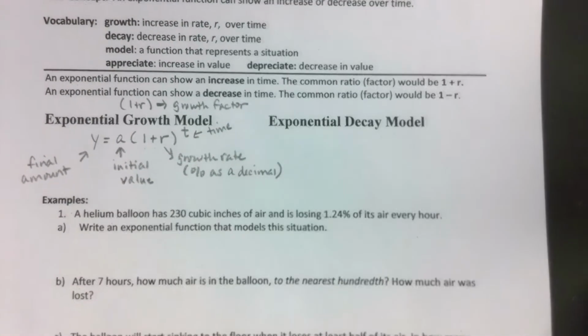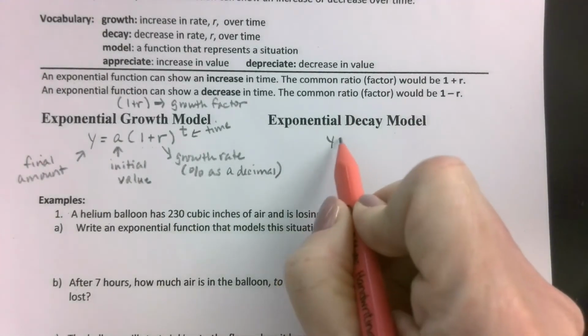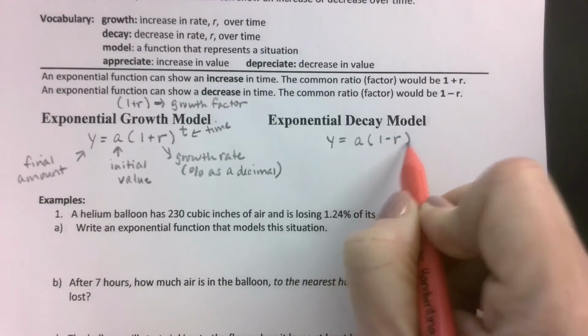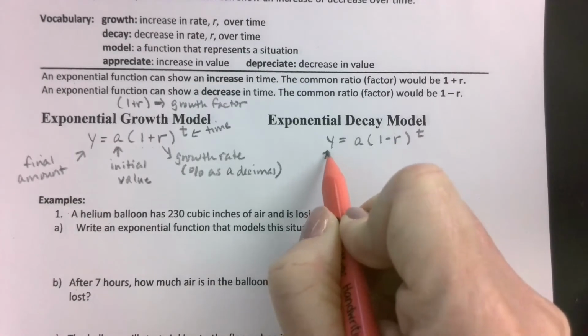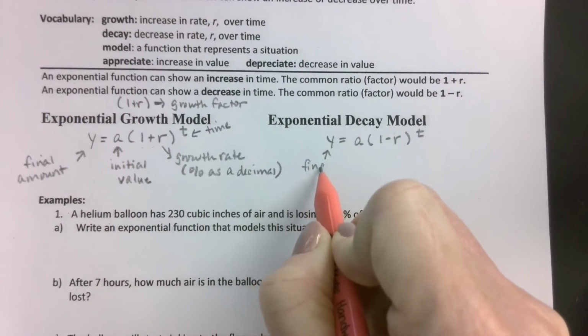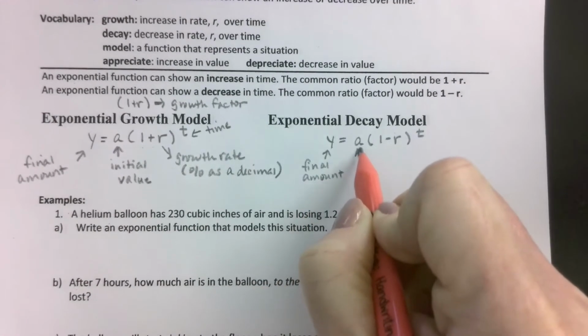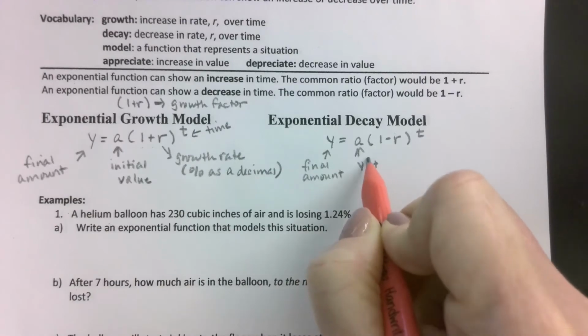The exponential decay model we can represent with y equals a times 1 minus r to the t. Y is the final amount. A is our y-intercept.